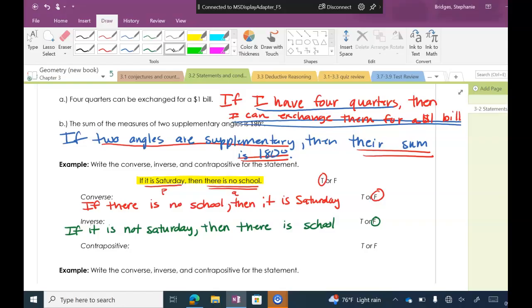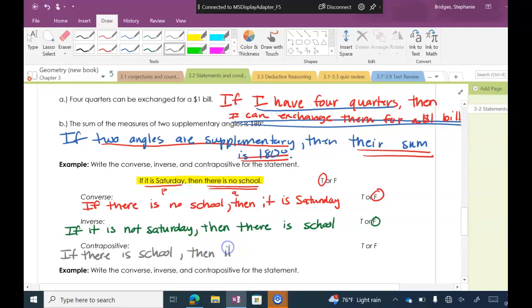Then the contrapositive. So the contrapositive takes my original one. It switches and negates. So we're going to say if not my conclusion, then not my hypothesis. If there is school, then it is not Saturday.